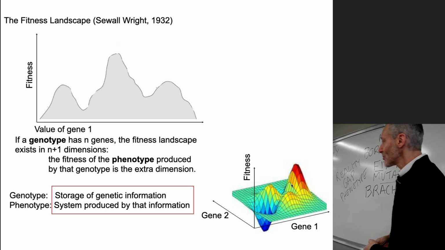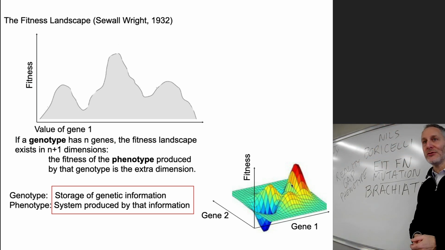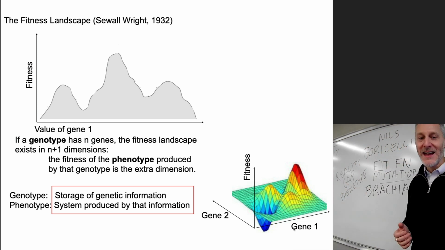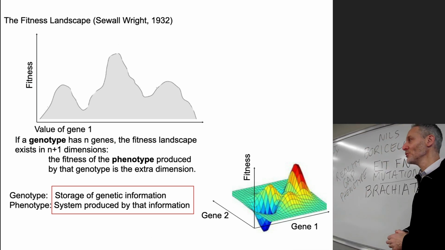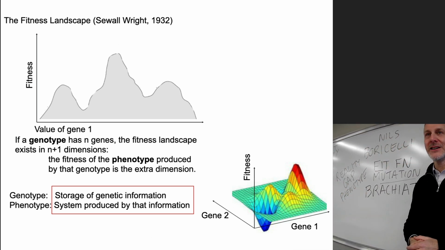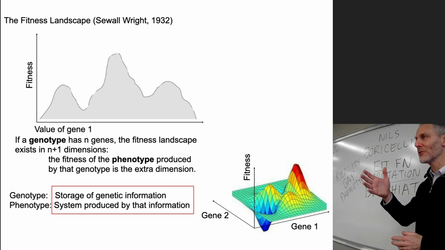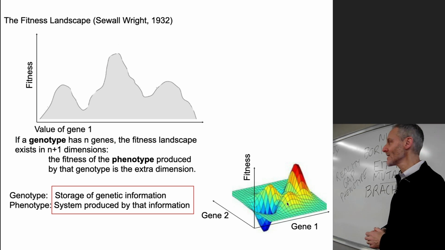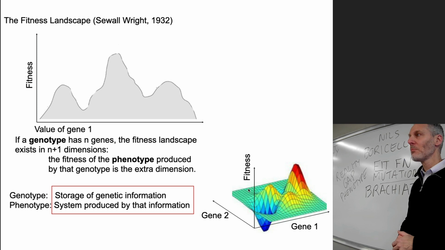Okay. All right. I'm not going to draw a 4D fitness landscape for you because I can't. So you'll now have to do this mentally. As you can imagine, for most real species, they have many more than 2 genes. Still not exactly clear how many we have, but it seems to be around like 30,000. Yeah? So our fitness landscape for Homo sapiens sapiens is a 30,000 plus 1 dimensional space.